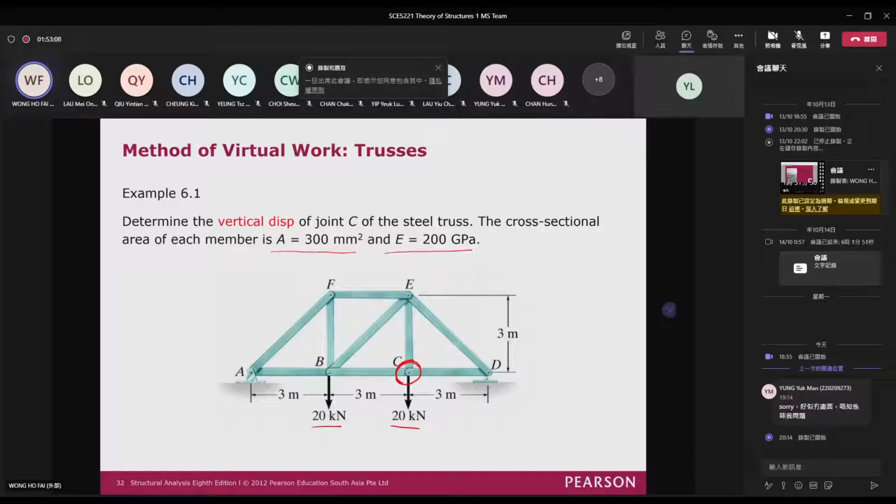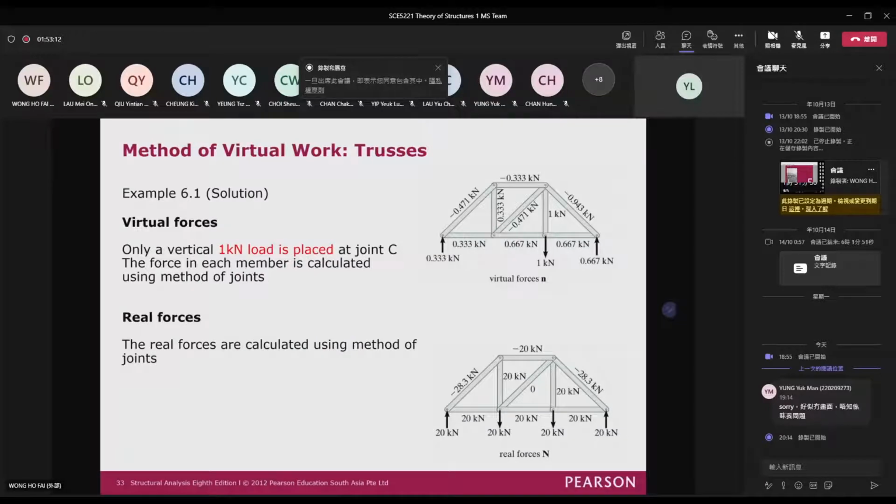And E is equal to 200 gigapascal. So for here, first of all, we will put the real load 20 kN here, and then determine all the member forces under this real load. So we have this one, this one, these several real member forces.